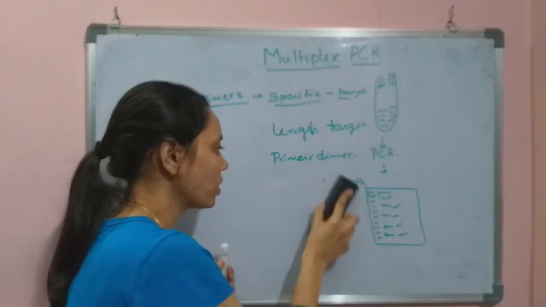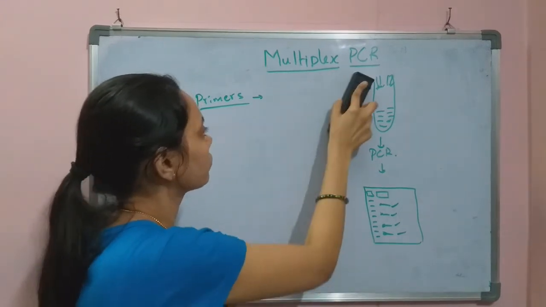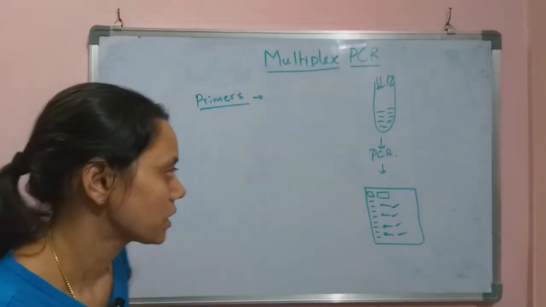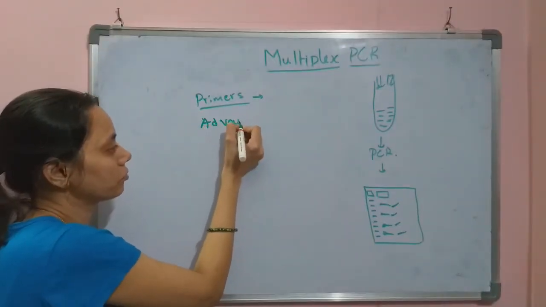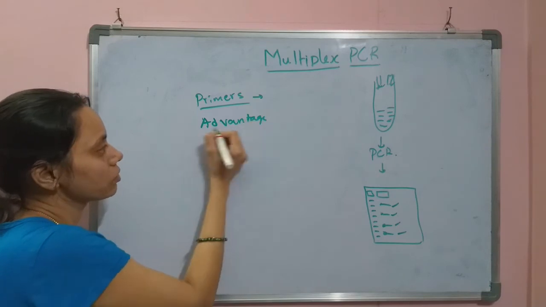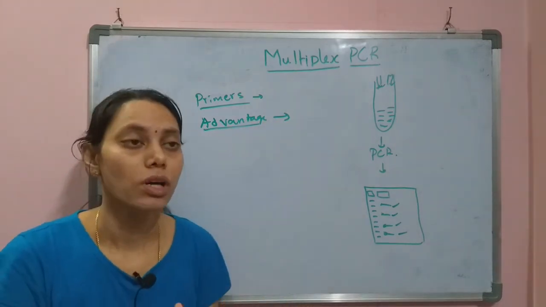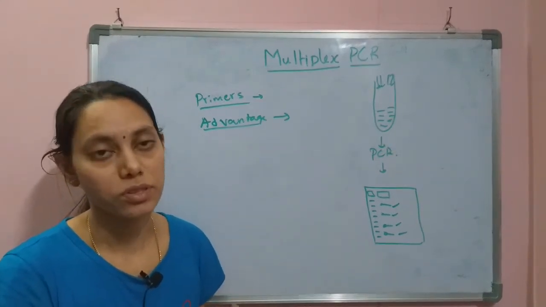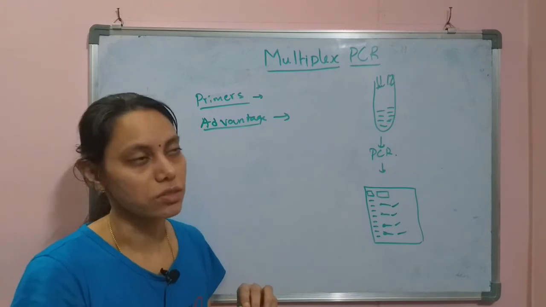So what are the advantages of this multiplex PCR? Why do we need to go for such a multiplex PCR? Why do we go for a tedious process of primer designing and all, and why do we pool up the reactions?